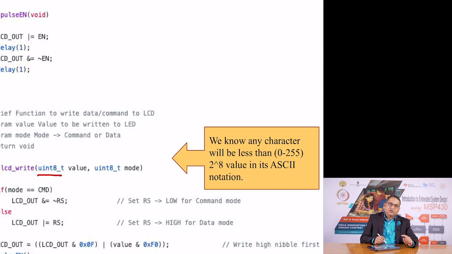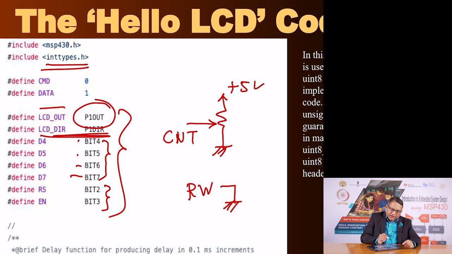But this is not available in your normal MSP430 header file. For that you have to include a different header file, and that is this int types. In int types there is a definition of how to invoke uint8 kind of variables. So we have used that.